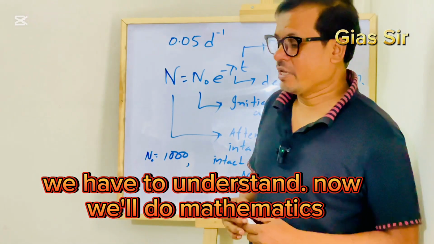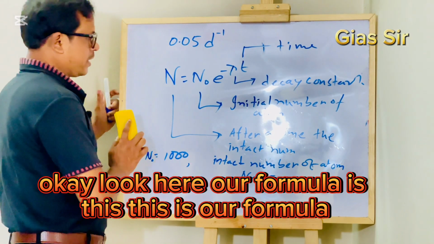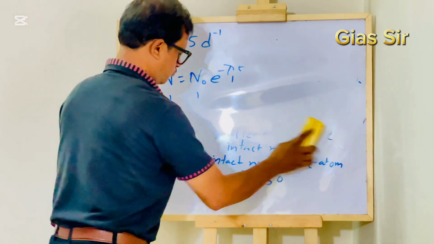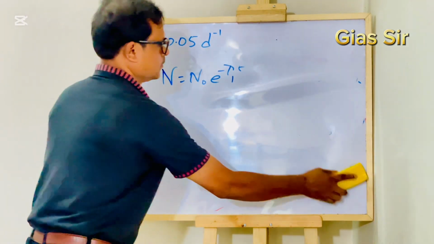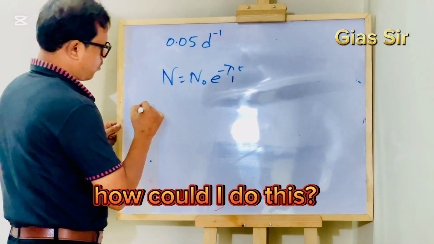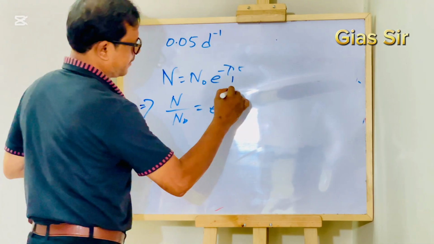Now we'll do the mathematics, then we can understand how tough it is. Okay, look here, this is our formula and we have to find out t. How could I do this? N equals N naught e to the power minus lambda t.